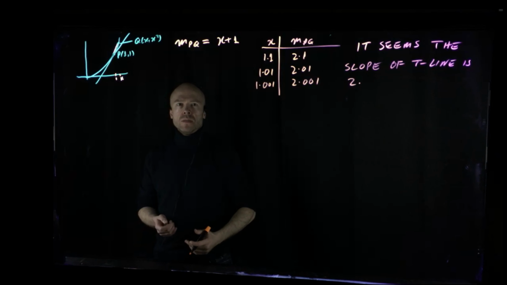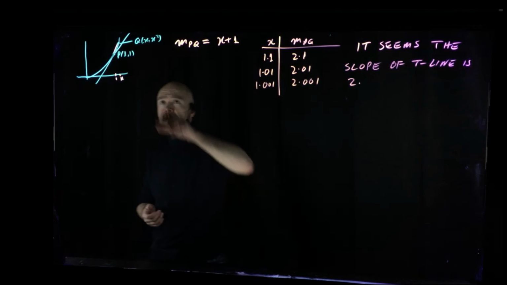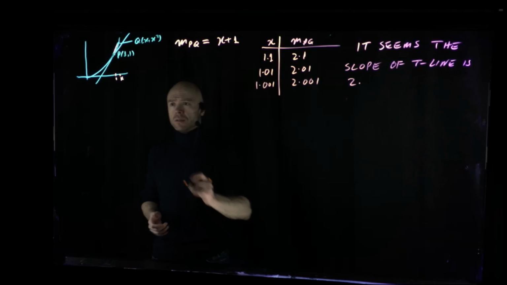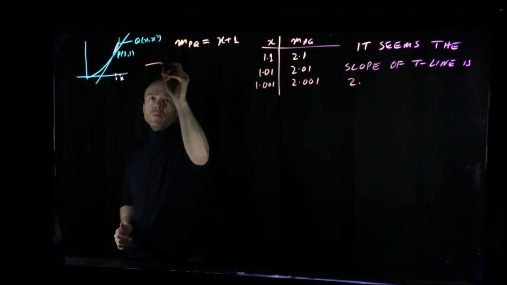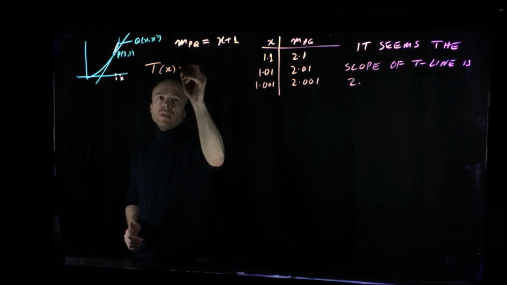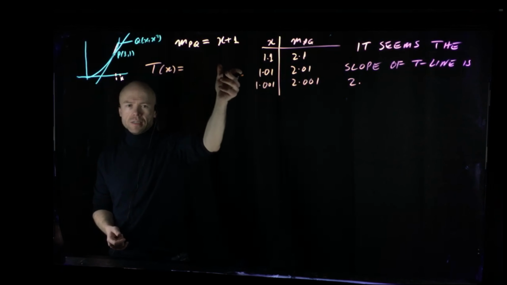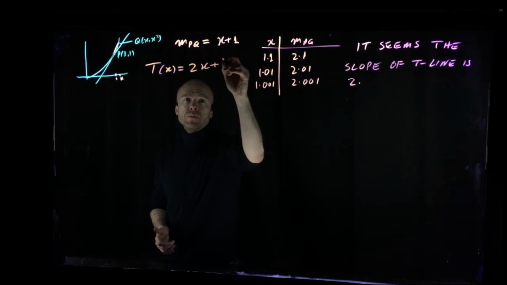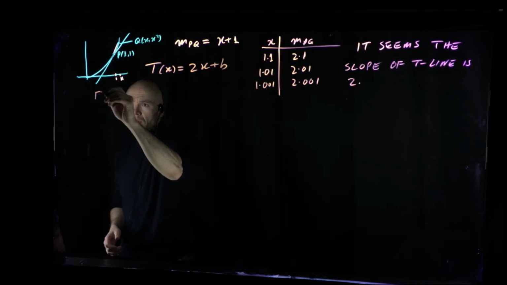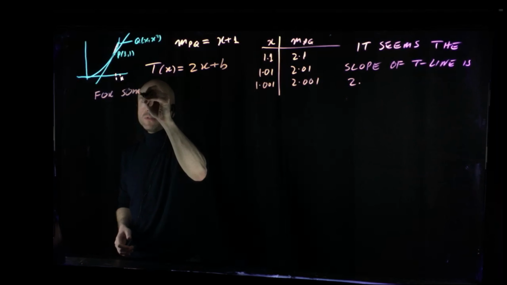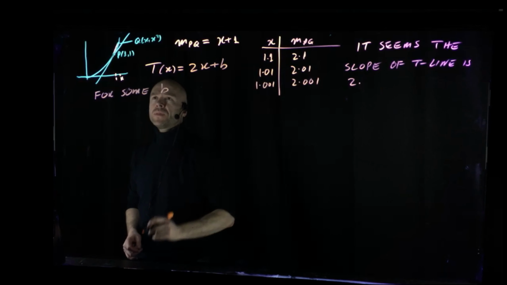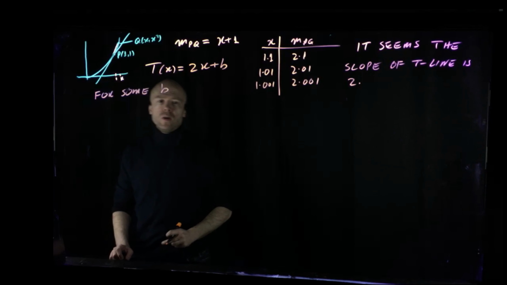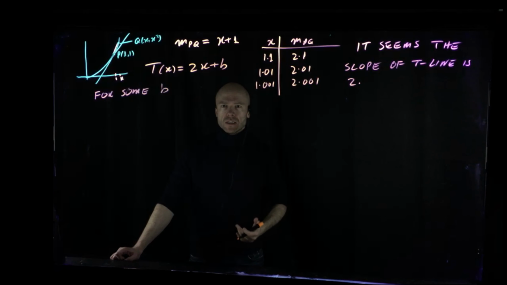Okay. So now that we know the slope, we just need to find the equation of the tangent line. So the tangent line has to have this formula, t of x, and it's going to be a linear function, so it's ax plus b, but we know the slope is 2, so it's going to be 2x plus b for some b. Right? And we have to find the correct b so that it actually goes through the point 1, 1, because that's the other thing it has to satisfy.